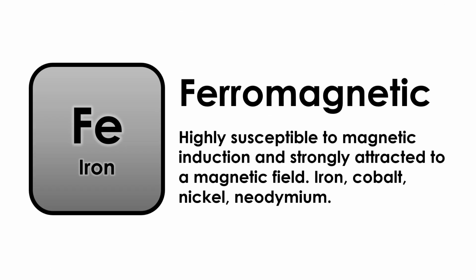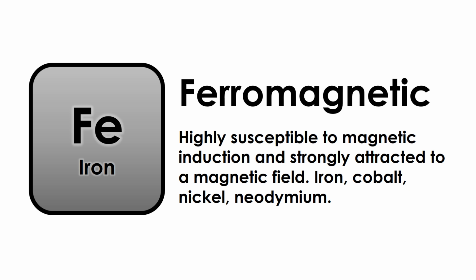Another important topic is what we can call magnetic classification. All matter and materials can be classified by how they respond to a magnetic field, and this ranges from highly susceptible to slightly susceptible. The first category is what we call ferromagnetic. Ferromagnetic materials are highly susceptible to magnetic induction.